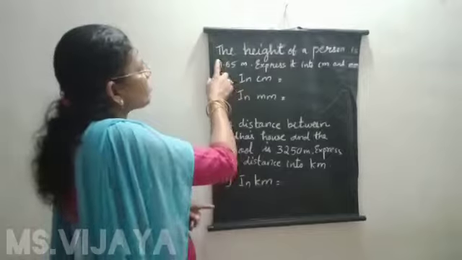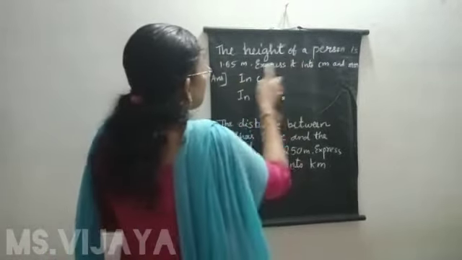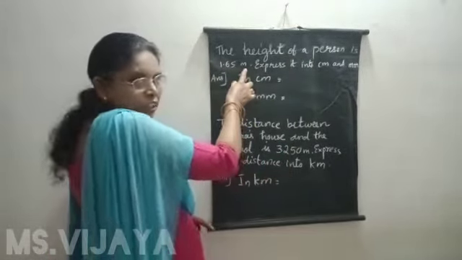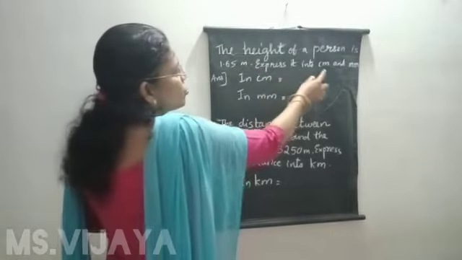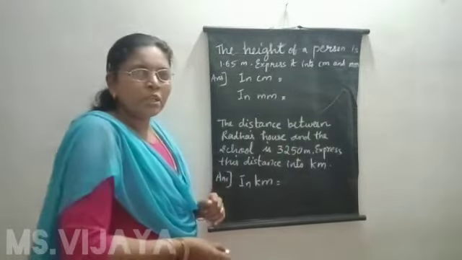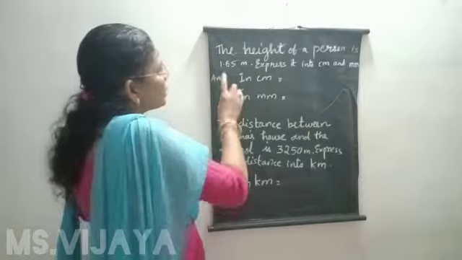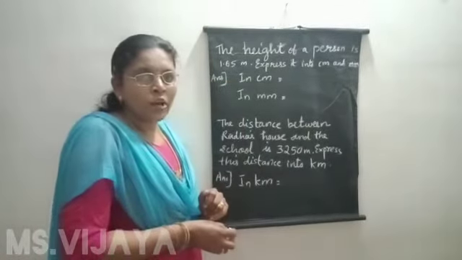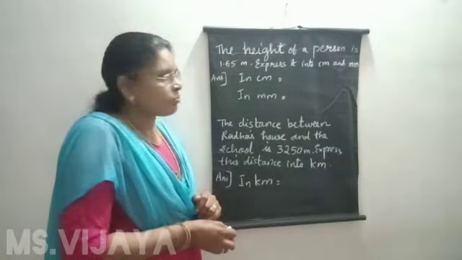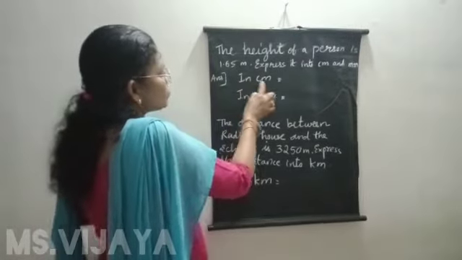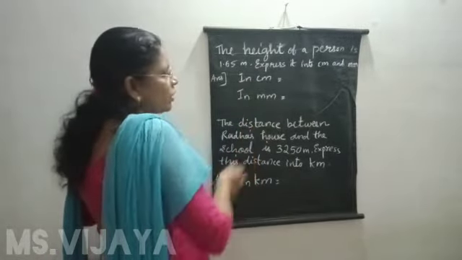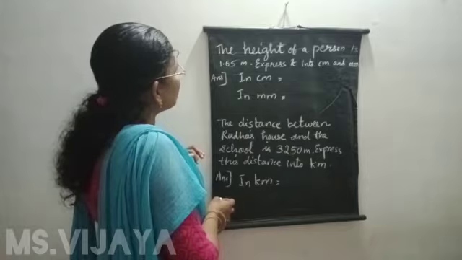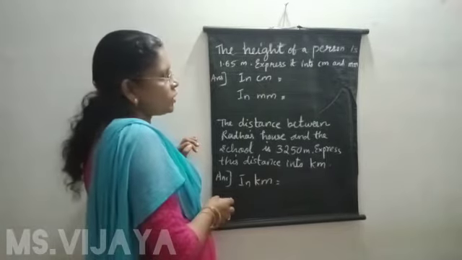Now we do 2 problems. Here, first one. The height of a person is 1.65 meter. Express it into centimeter and millimeter. Here, the height of the person is 1.65 meter. So, we want to convert this into centimeter, then millimeter. In centimeter, how do we convert this 1.65 meter into centimeter?